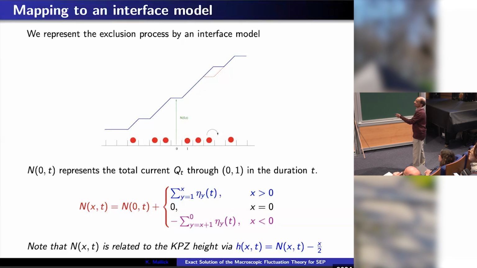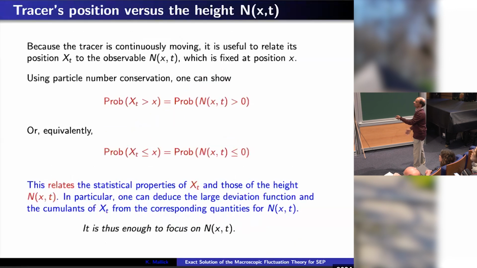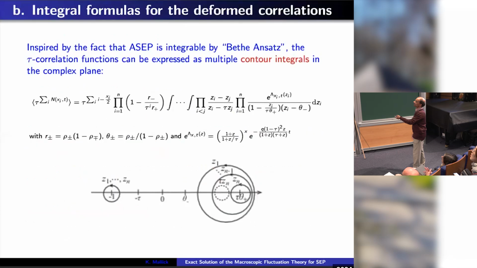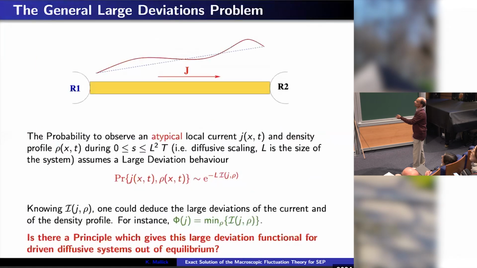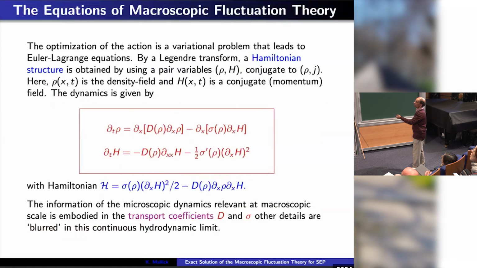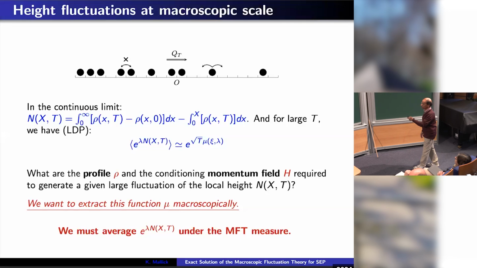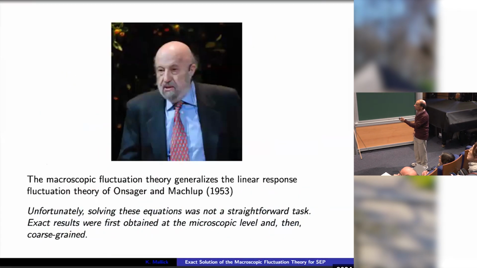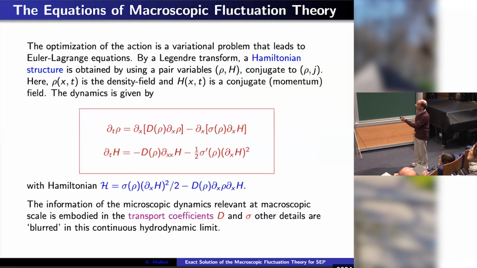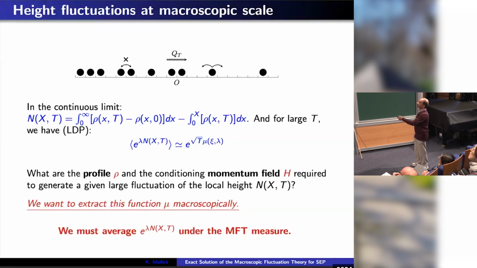So this is very easy to translate into macroscopic continuous variables, and just a little thinking allows you to write that at the macroscopic level, the height, now using capital variables for macroscopic, over x at time t is just given by the integral of the density at time t minus the integral of the density initially minus this term.